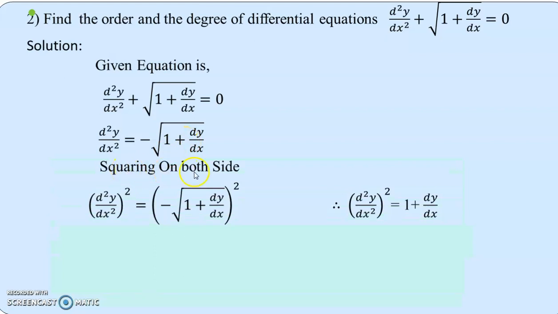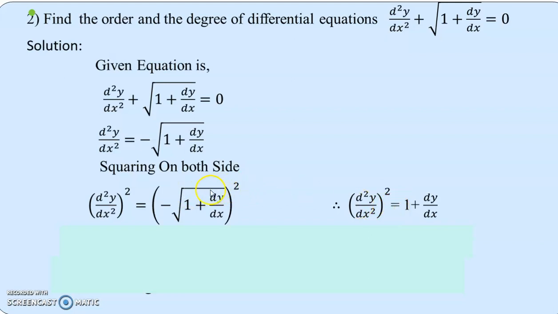So squaring on both sides, we get (d2y by dx square) whole square is equal to (minus square root of 1 plus dy by dx) whole square.